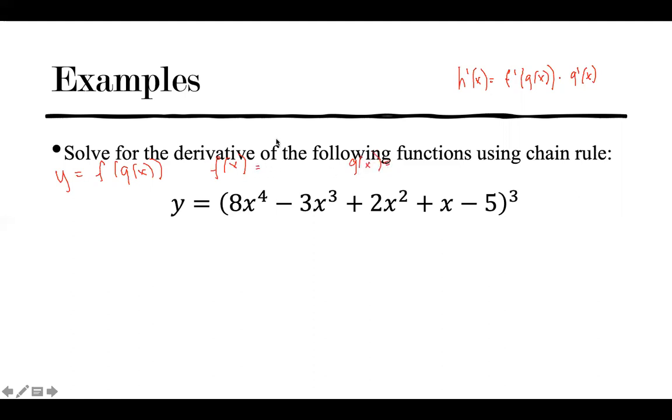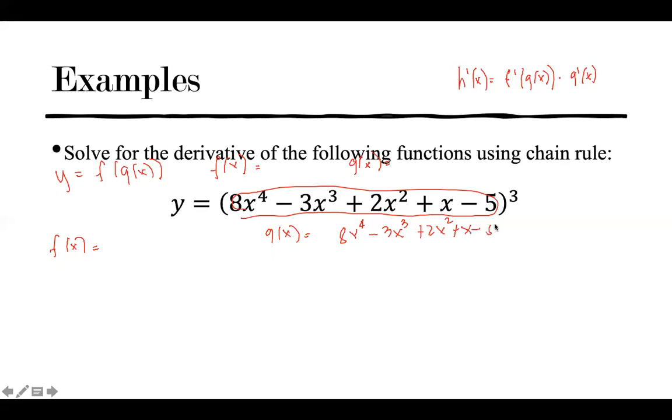If you do it through inspection, you'll be able to notice that the inside function is this entire thing. So I think you'll agree with me that our g of x is 8x to the power of 4 minus 3x cubed plus 2x squared plus x minus 5.